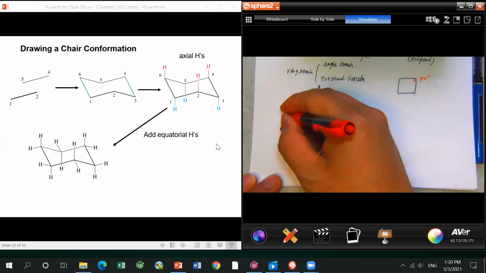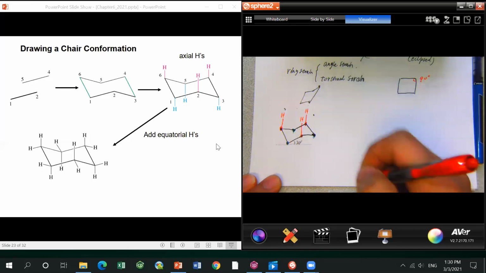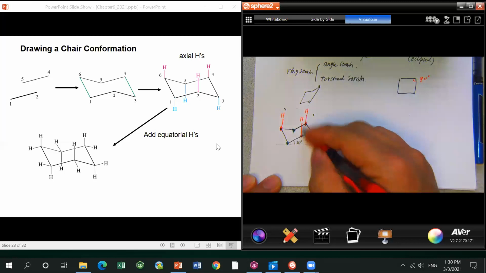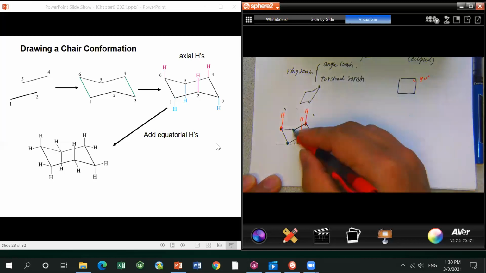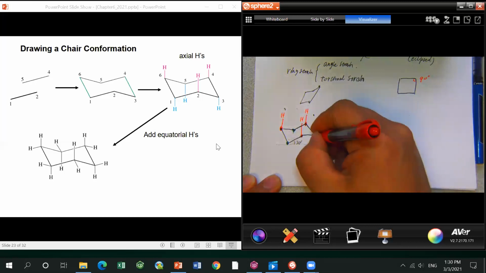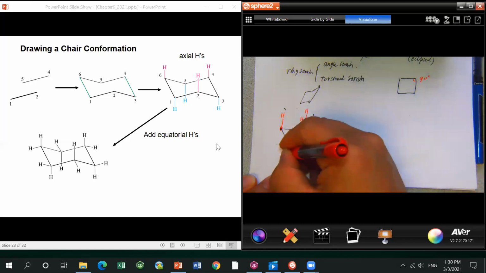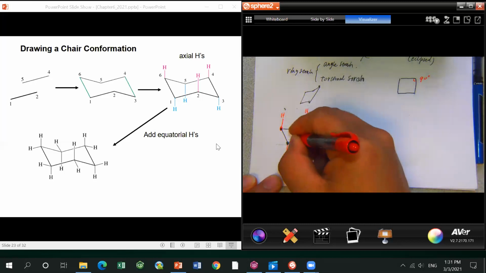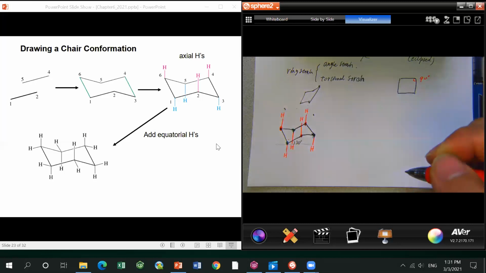Just go straight and draw the CH bond. And for the three carbons going down, the axial bond will go down, like this. So that's how we draw the axial bonds.